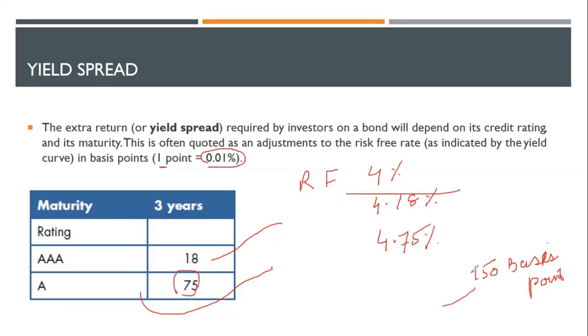So it means that they should be offering at 5.5%, because probably this company has a rating of B. So as the rating goes down, these basis points increase, and this becomes the yield spread between this one and this one. So for basis points, you call it 75 basis points, 18 basis points. 1 basis point is 0.01%, so 75 means 0.75%.